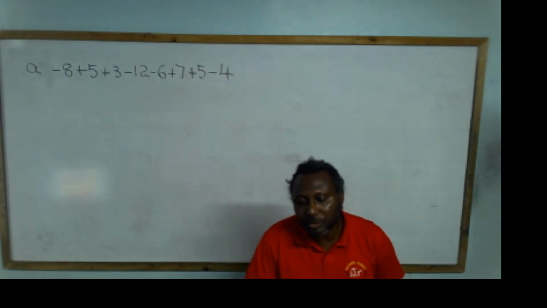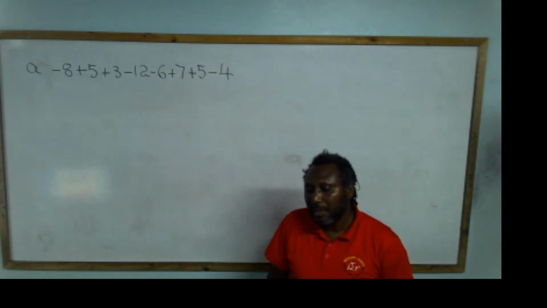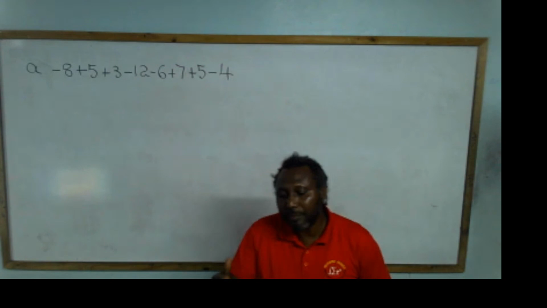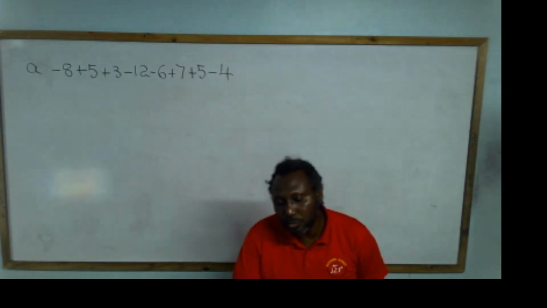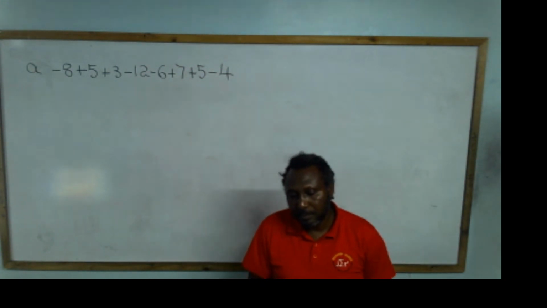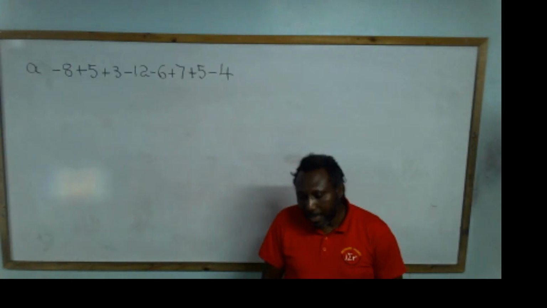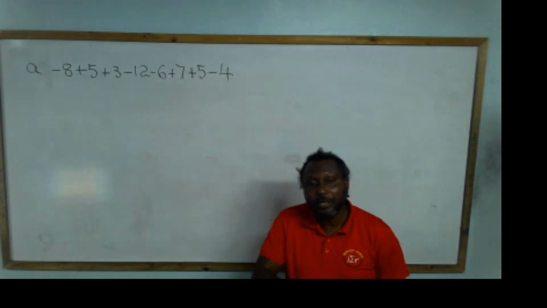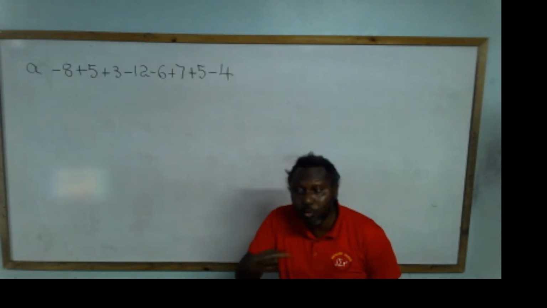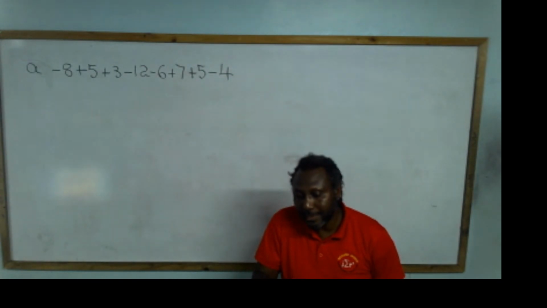What I'm doing here now, students, I'm not doing it for me. I'm doing it for you. I was given the greatest foundation that any human being could get in mathematics.